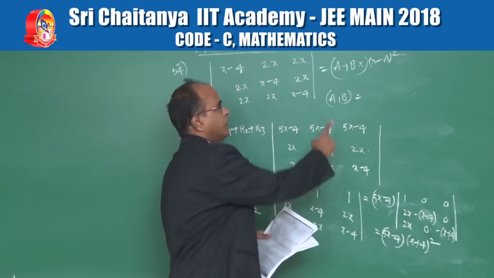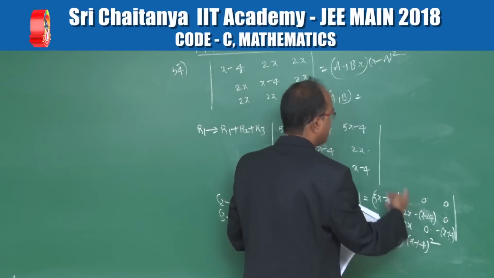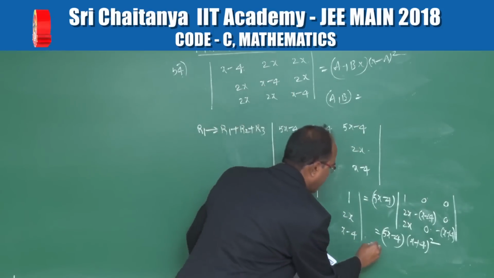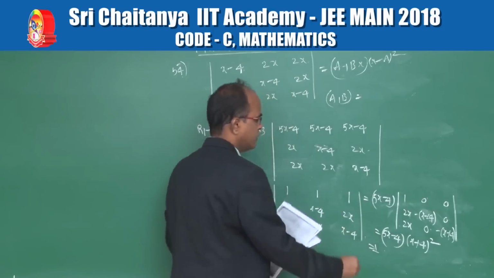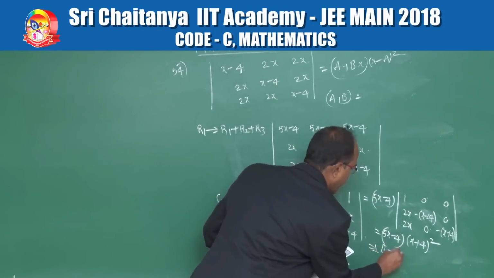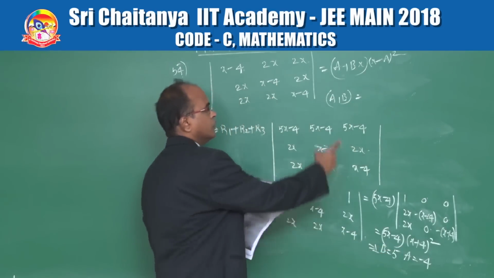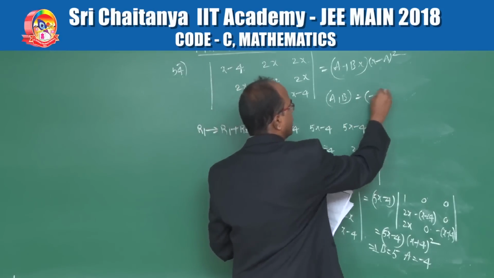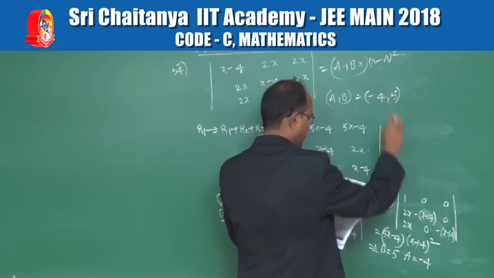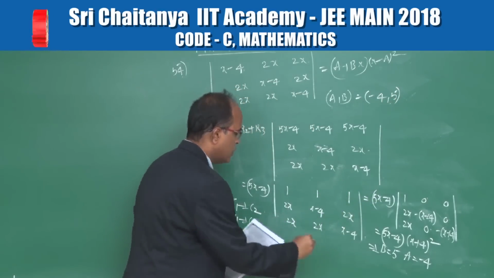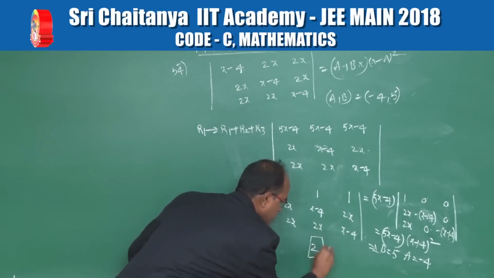You compare this with (a plus bx) into (x minus a) whole square. The comparison will give us b value as 5 and a value as minus 4. Therefore, the ordered pair (a, b) is given by (minus 4, 5), giving you option 2 as the correct option.